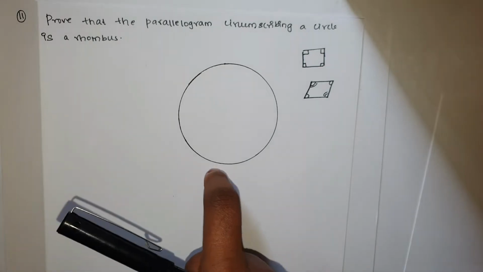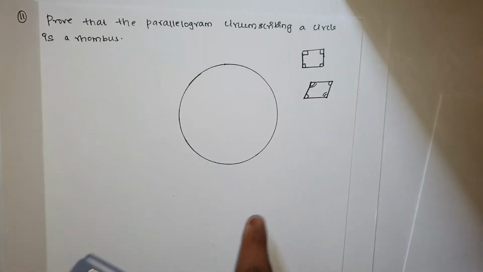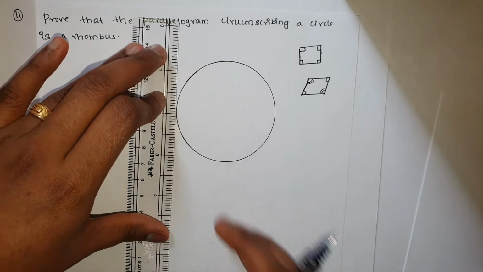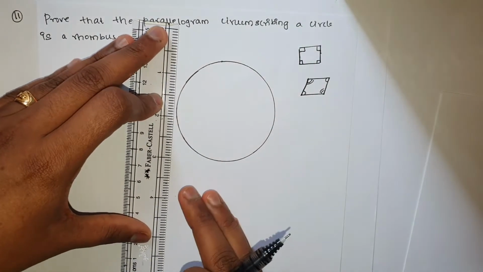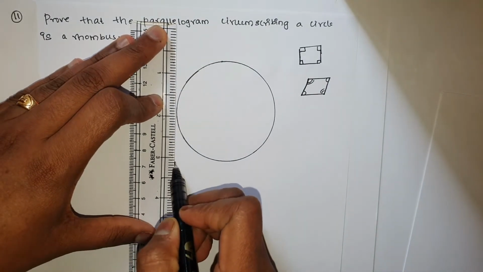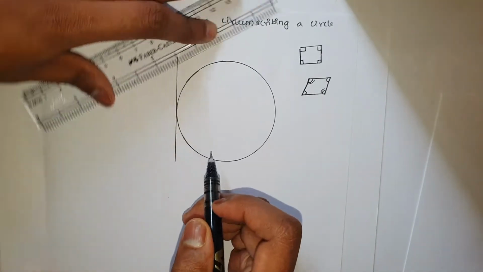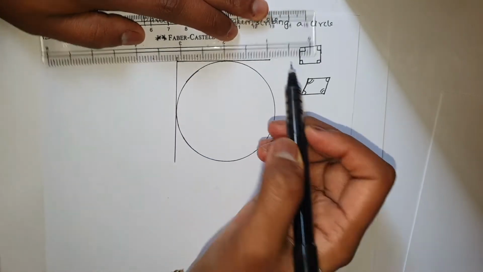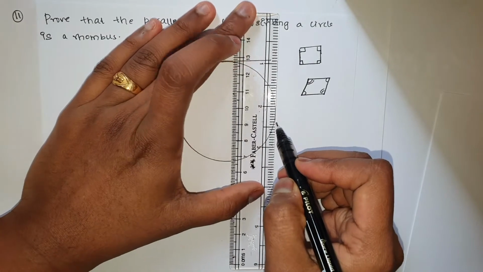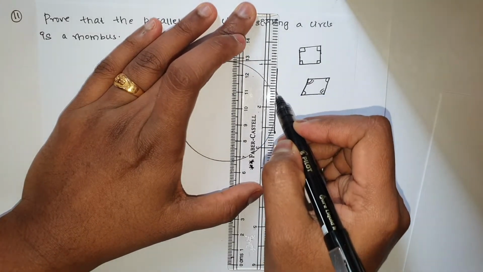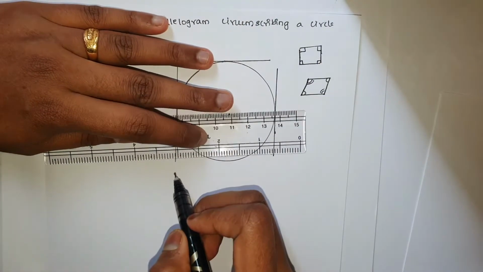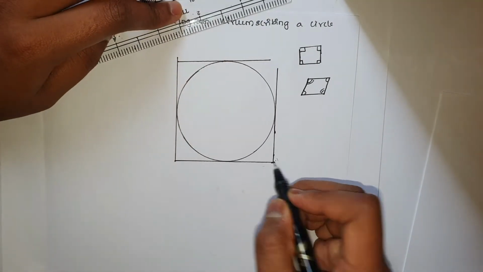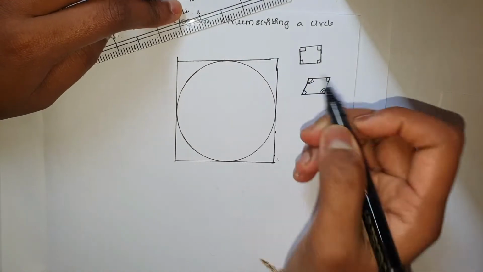So what we have to prove here? We have to prove all sides are equal. So now I am drawing a parallelogram. This is my circle. Yeah, it should touch the circle. Okay.